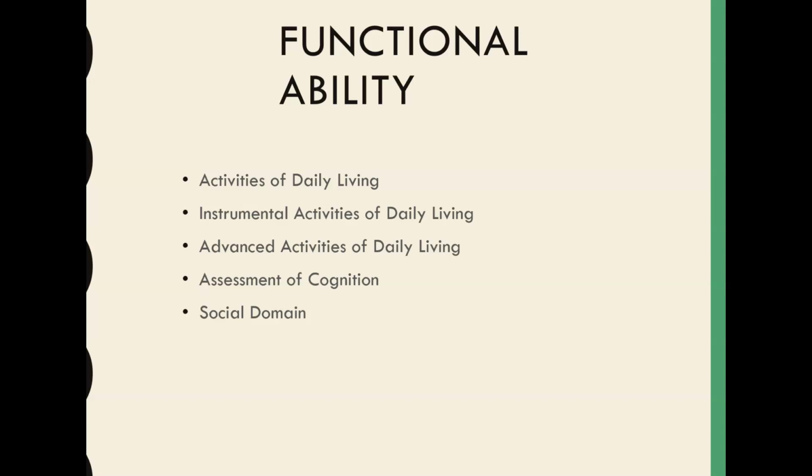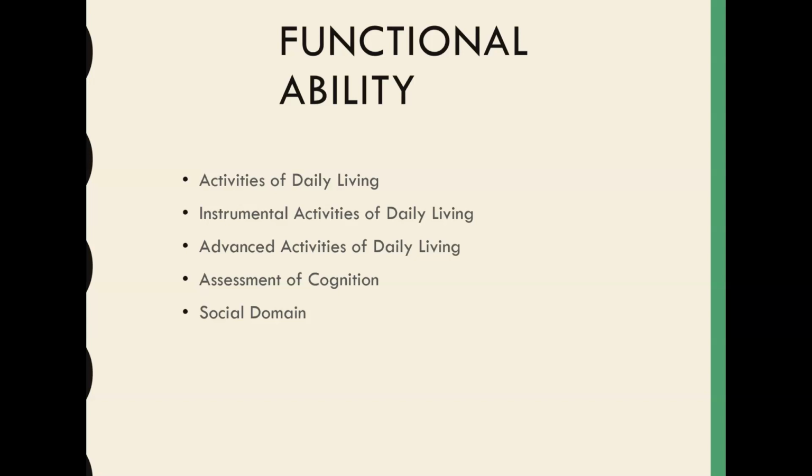So they also have a little thing called the Lawton Instrumental Activities of Daily Living. It goes from A to H. And basically, what it does is it gives them a point for everything that they can do well on there.